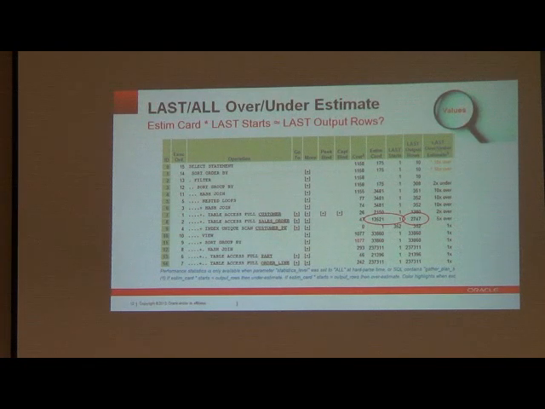If you are using SQLT, SQLT shows you something similar. This may be a different execution plan, but it doesn't matter. It shows you here estimated cardinality times starts compared to this one, and they compare it in this column. It's going to say, in this particular line, the CBO is doing an overestimate by a factor of 5.